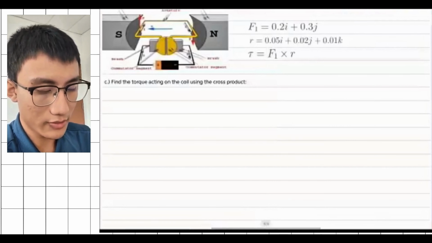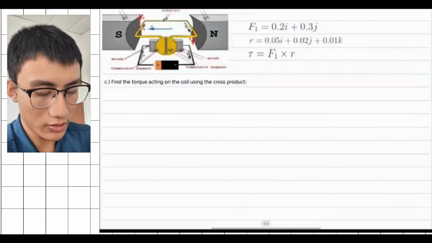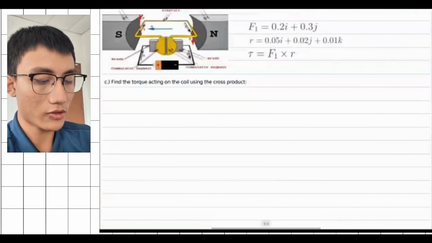Now for the last question, we need to find the torque acting on the coil using the cross product.